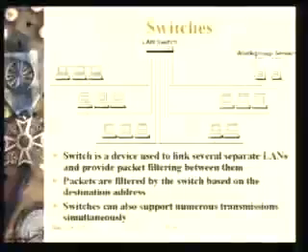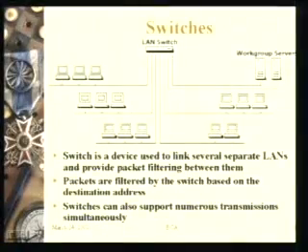Okay. The next thing is called switches. Switches are a much faster version of hubs and they connect various different segments of a network. A switch is a device used to link several separate lines and provide packet filtering between them. So whatever packets are meant for a particular network will be filtered for that network, and not all the information will be broadcast.